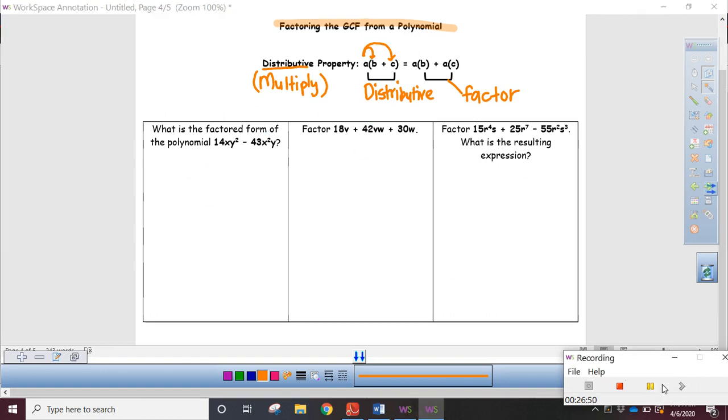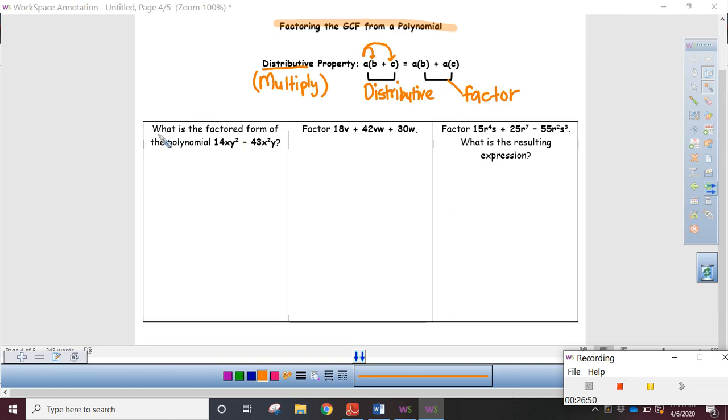Let's take a look at example number 1. Now we're going to be using the same steps that we were using in the examples that we just finished, where we were finding the GCF of the numbers, then moved on to the monomials, eventually into the polynomials, into the different variables that you see there. So let's take a look at this first example.